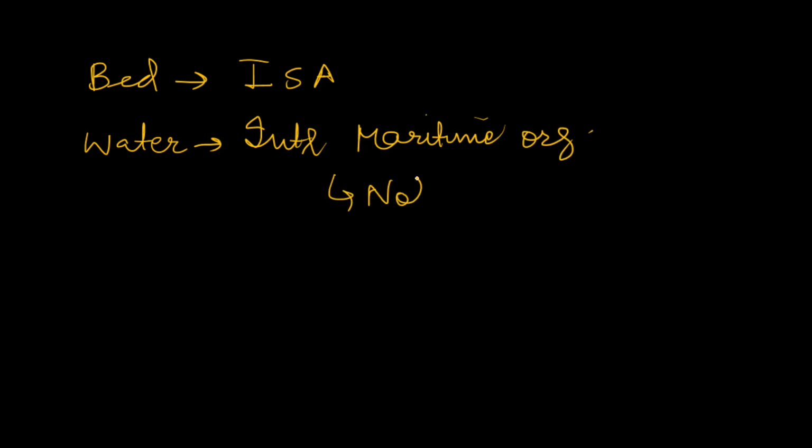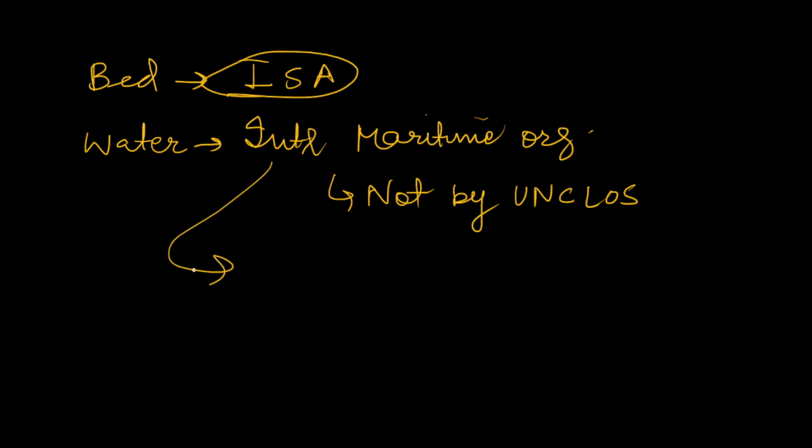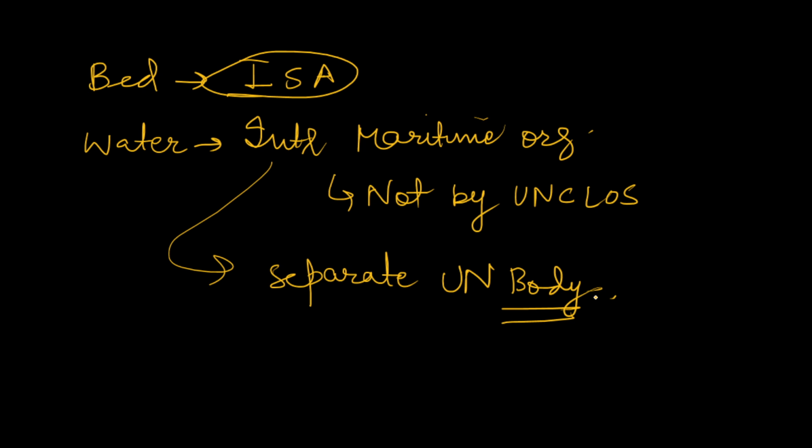It is governed by the International Maritime Organization, which is a separate UN body. Correct? So this was about oceanography and UNCLOS, which we needed to cover in today's lecture.